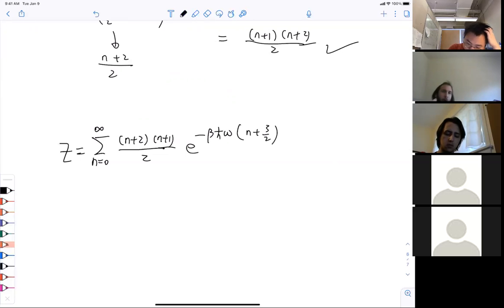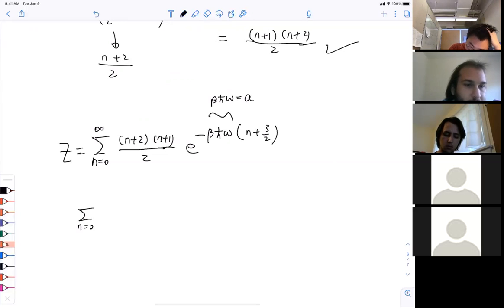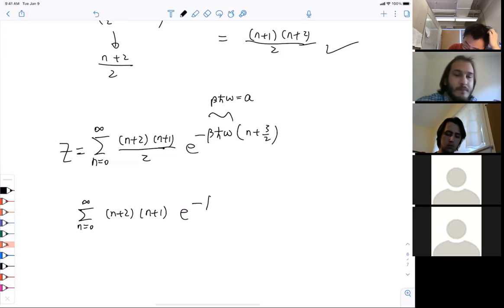This kind of sum is very standard, I guess. You know the trick. Let's denote this as A. Then the sum you need to do basically is (n plus 2)(n plus 1) exponential minus A n.